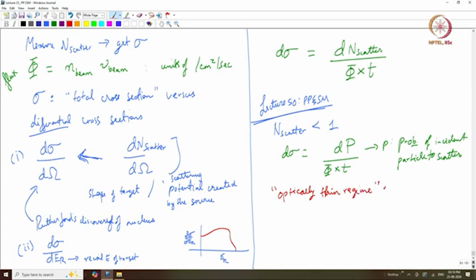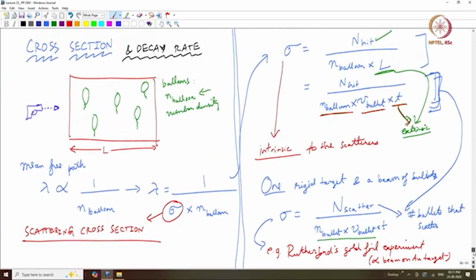okay, where I am thinking of the total number of scatters expected being less than 1. Okay, so what is the total number of scatters? So let's go back here. Let's look at this equation for instance, right? So the number of hits is cross section times the number density of the target times the length of the detector, right?